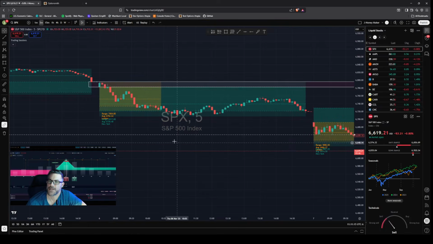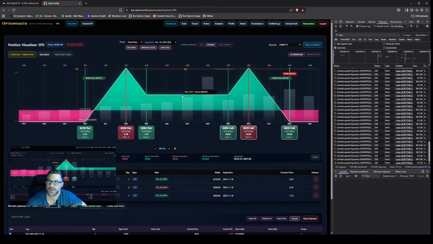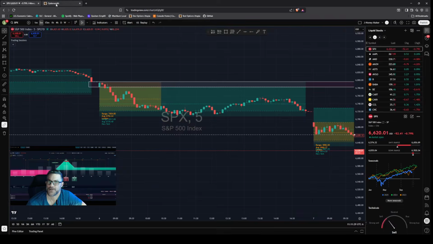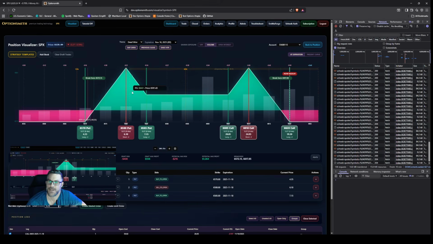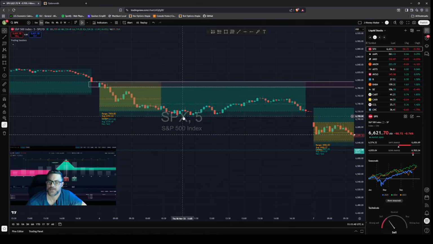But in this strategy, then, if I end up with a Batman on, then I'm just going to let it play out. So it can either finish in between, like right in here, or it can, even better, end the day in one of these profit tents. So that's one way it can play out.